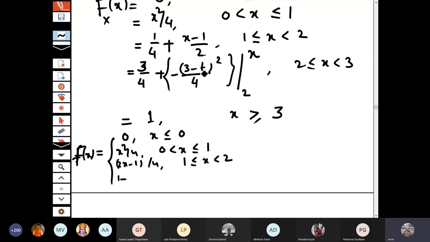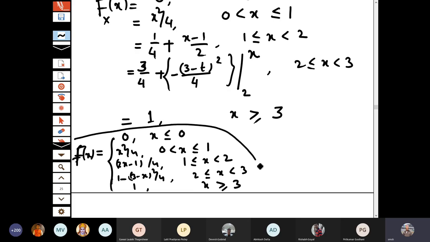If I put 2 here, I will get 1 by 4, which is with a plus sign. So it will become 1 minus (3 minus x) square by 4 for 2 less than or equal to x less than 3. And when I take x greater than or equal to 3, then it is becoming 1. So this is the CDF here. Is it clear to all of you? Yes, sir.